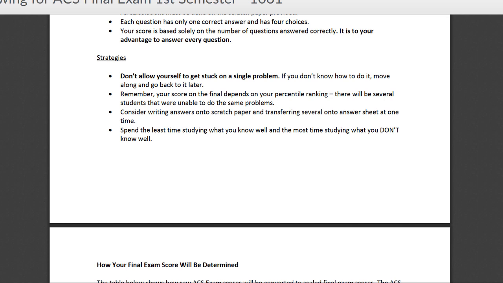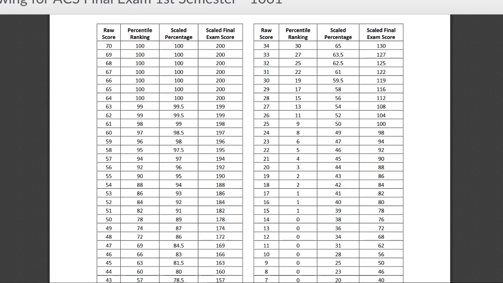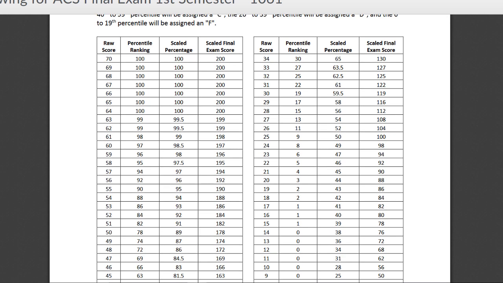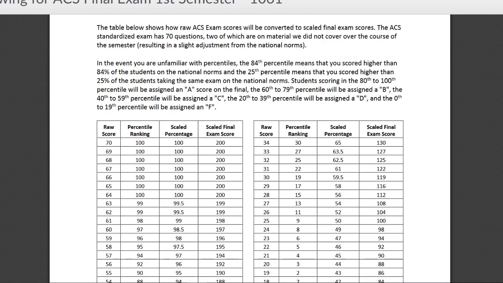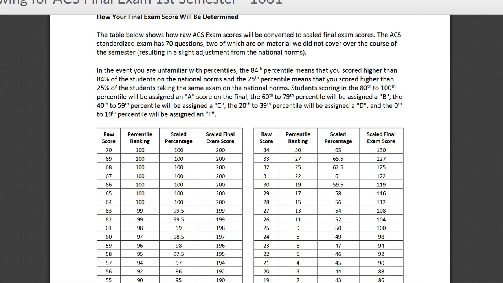So what we've done then, if you go on to this next page, is we've basically translated how the scores work in here. If you are in the 80th to 100th percentile, that means you're in the top 20%. You're going to get an A. If you are in the 60th to 79th percentile, you are in what's called the second quartile. Not quartile, this would be a quintile.